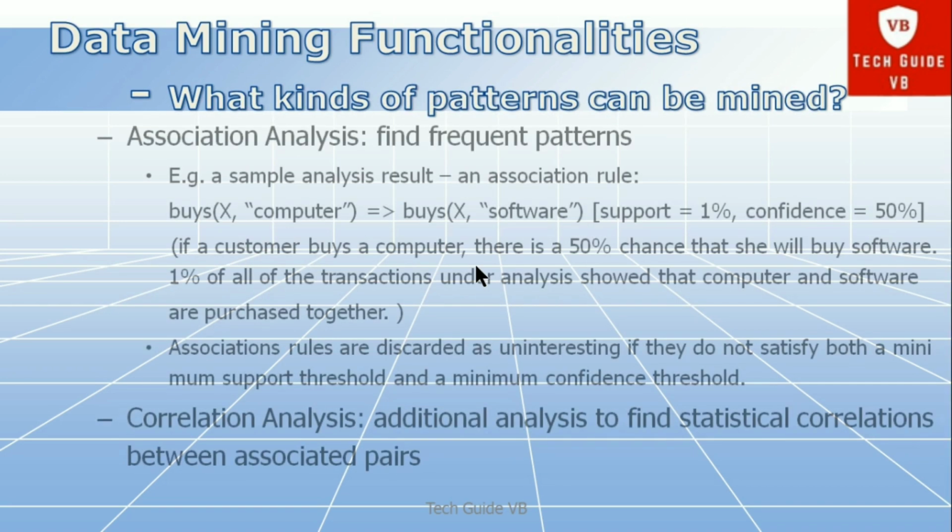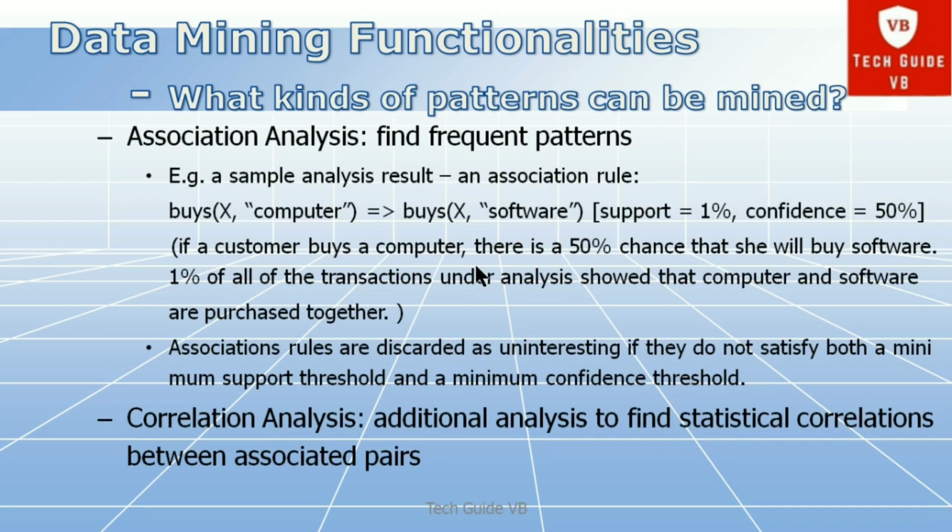Then the next is association analysis, where we are finding the frequent patterns. The example is given here. If a customer buys a computer, there is a 50% chance that she or he will buy software. 1% of all the transactions under analysis showed that the computer and software are purchased together.